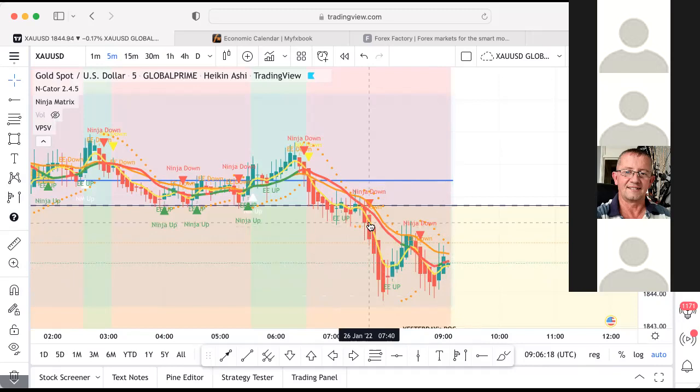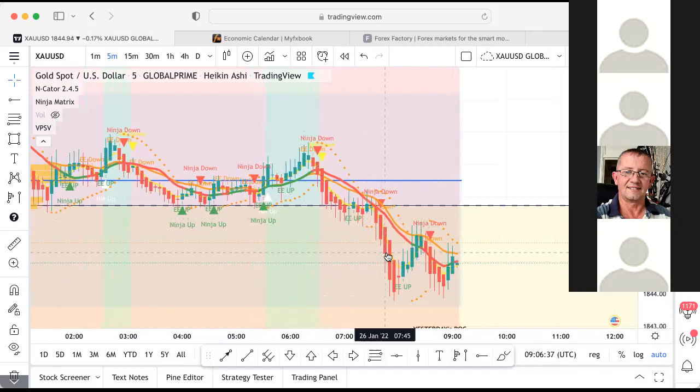So if you got in there, would you still be in the trade because the Ninja Matrix is showing red? Yes, that's a theory that Jeff put out when he first started doing this, and it does tend to work. You might find that sticking with the matrix keeps you on a little longer than you would have wished.